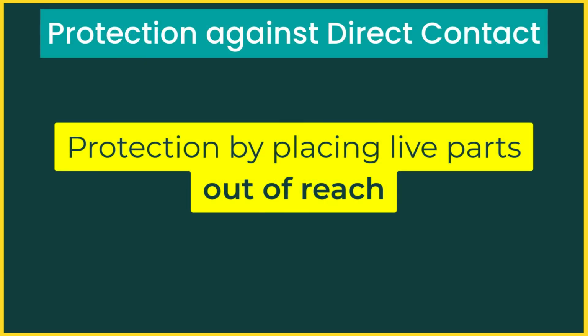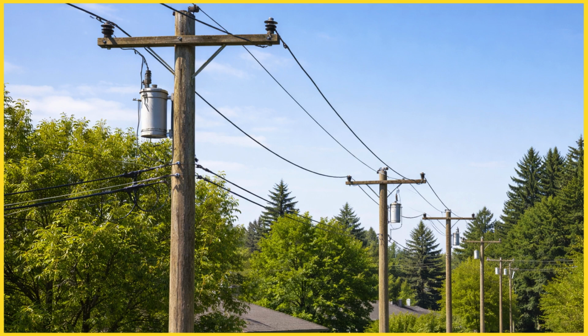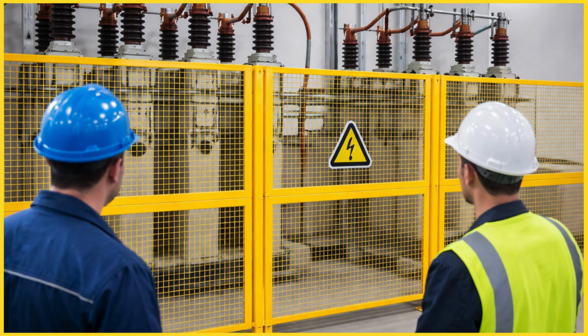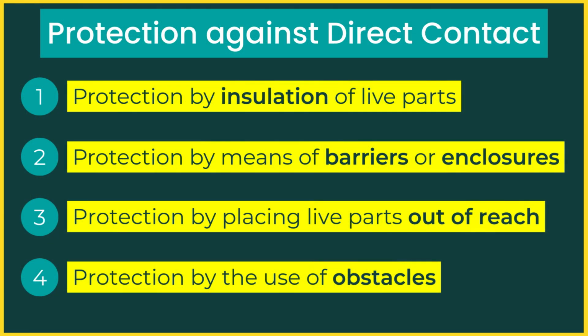Protection by placing live parts out of reach. For example, overhead conductors installed at sufficient height so they cannot be accidentally touched. Or protection by the use of obstacles placed between the live parts and the operator, which prevent unintentional contact. As long as these measures remain intact, direct contact, and the danger it brings, is prevented.